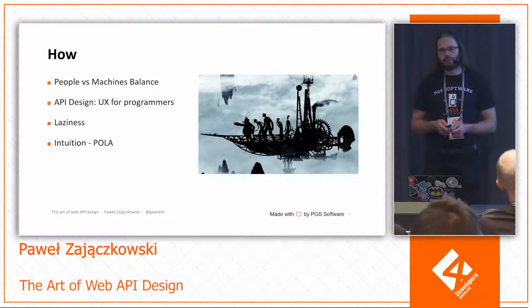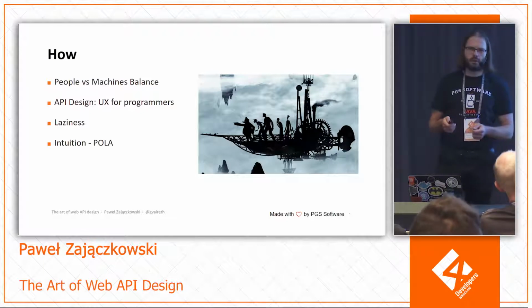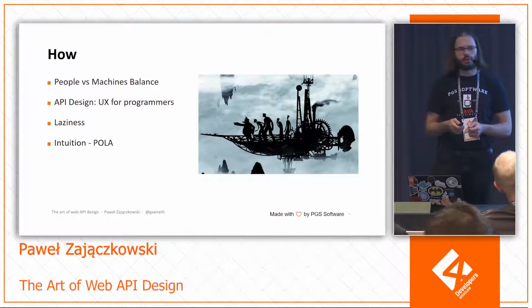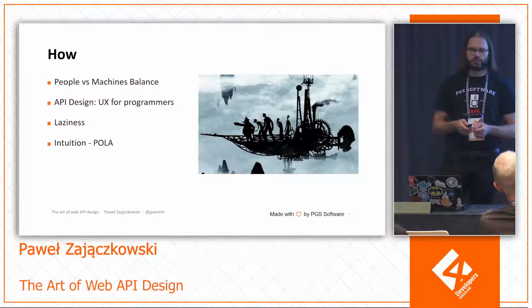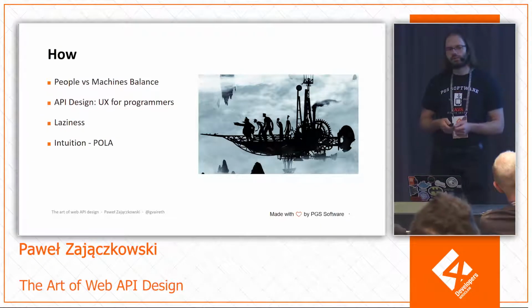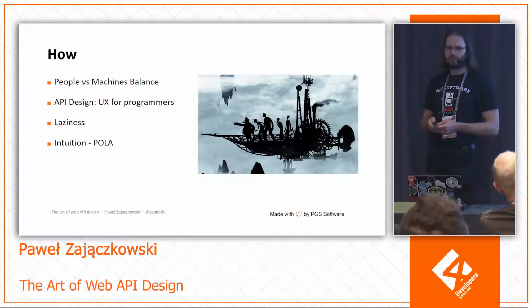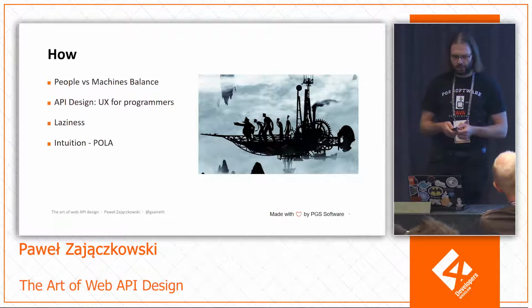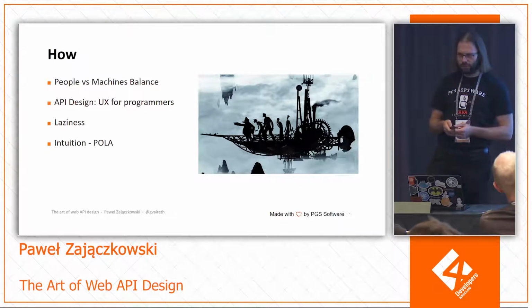But in general, there's an observation that an API is to programmers more or less like a graphical user interface is for regular users on the web. So there was quite a lot of knowledge created about how to design a good graphical user interface, and we can leverage some of that when creating an API. And programmers have 2 main qualities, let's say.